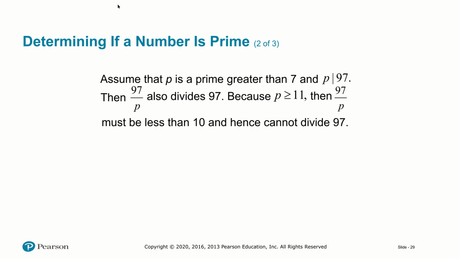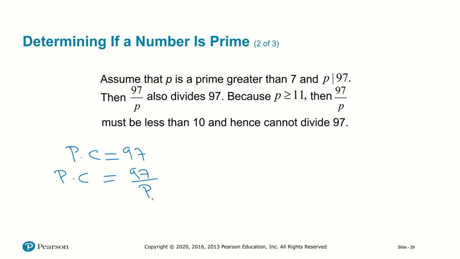Notice that if 97 is divisible by p, that means there's some constant c, so that when I multiply it by p, I get 97, right? And what happens if I divide this 97 on the right side by p? Well, I get p times c over p. Remember, we're basically dividing both sides of this equation by p, right?